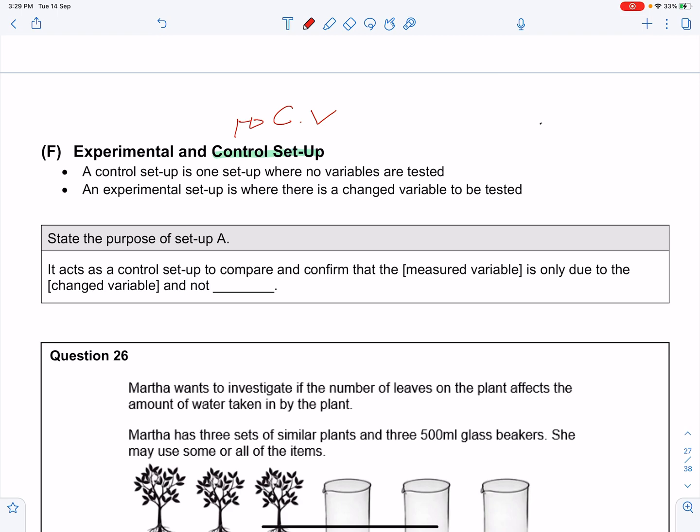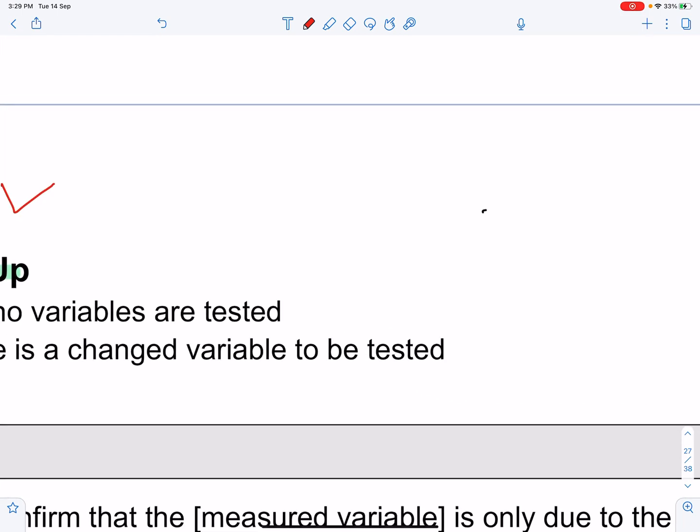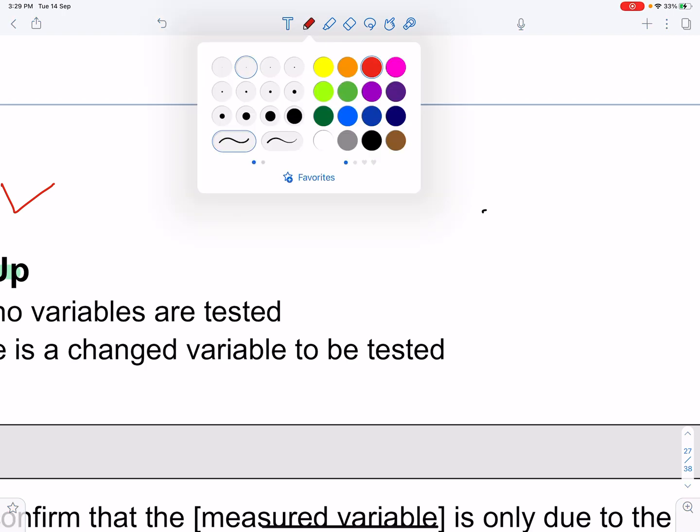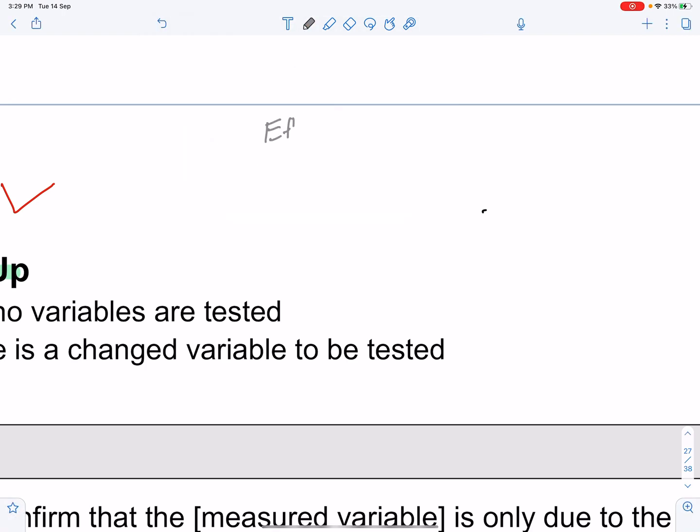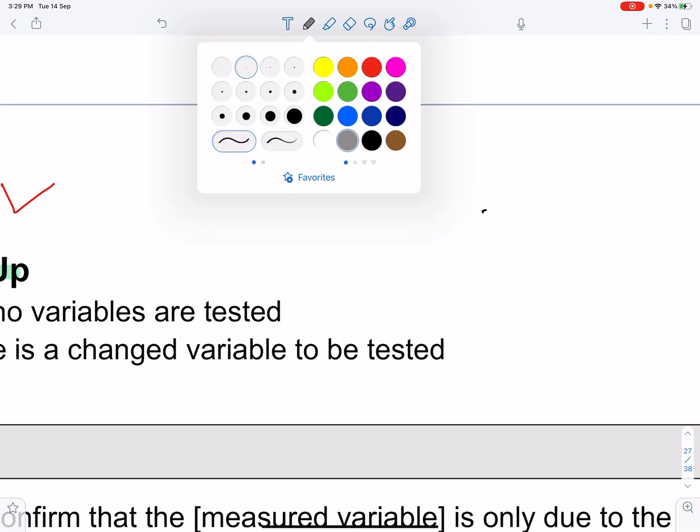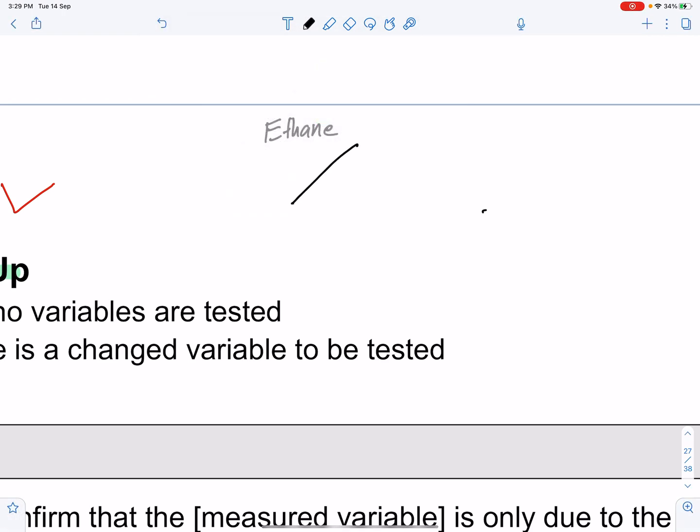They asked you about two bananas. They said that ethane gas is said to ripen bananas faster. Then they ask you to design two setups. They give you two boxes.